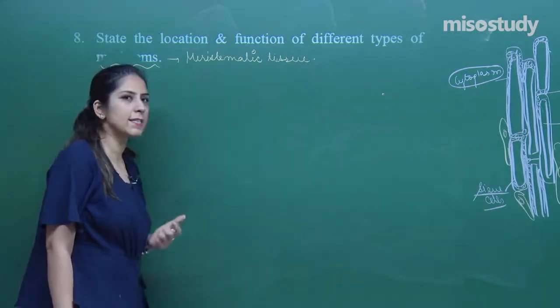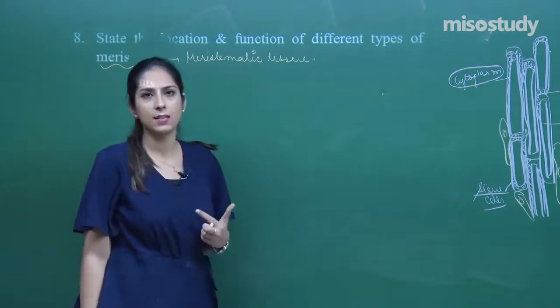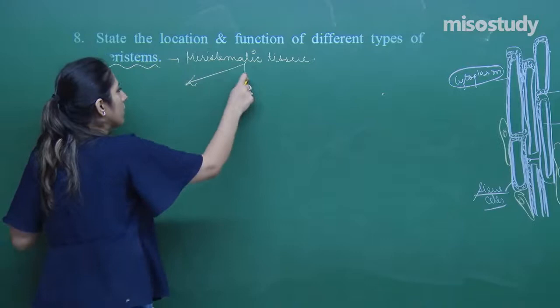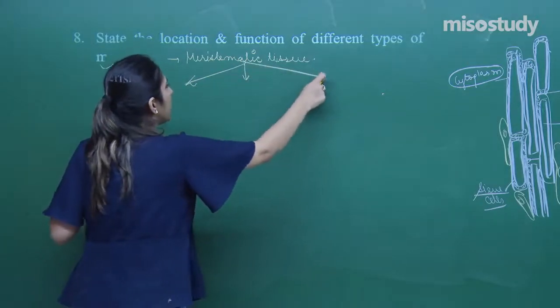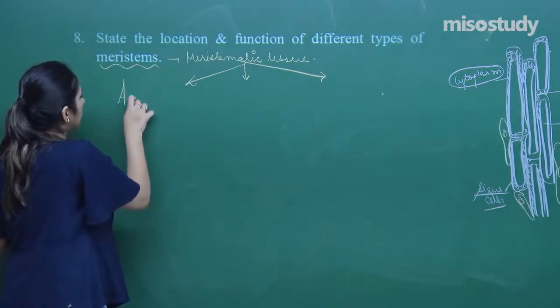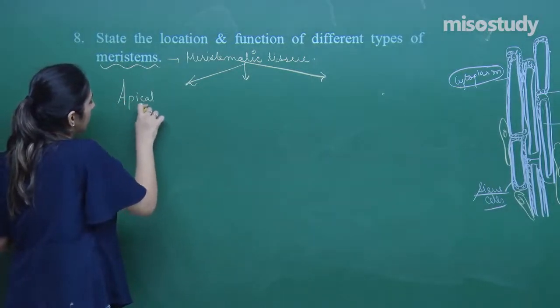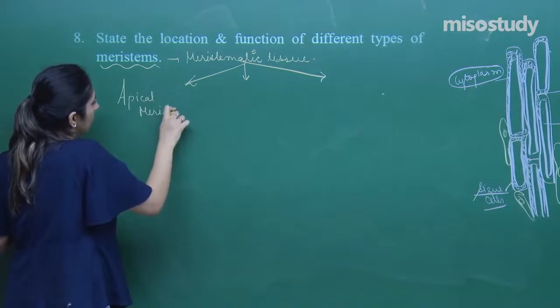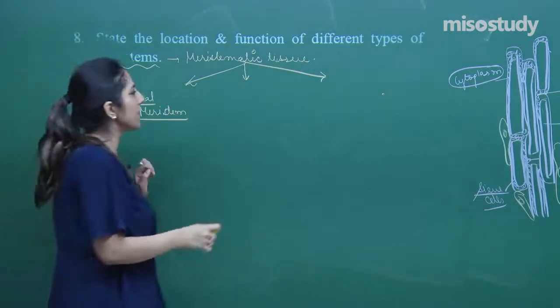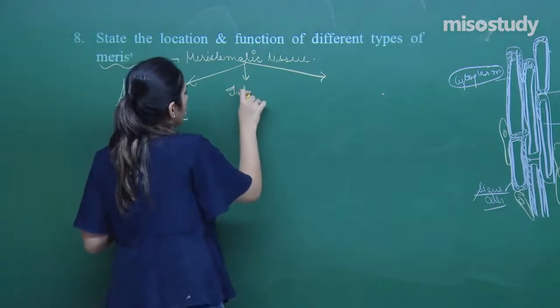Rapidly dividing cells are there. Unspecialized cells are there. Meristematic tissues are of 3 types that we have studied in the session. One is called apical meristem. Second is called intercalary meristem.